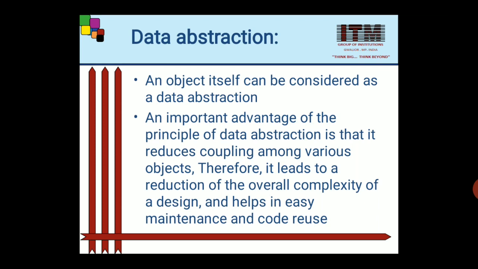If we talk about data abstraction, basically an object itself can be considered as a data abstraction entity, because it abstracts out the exact way in which it stores its various private data items, and it provides a set of methods to other objects to access and manipulate these data items.